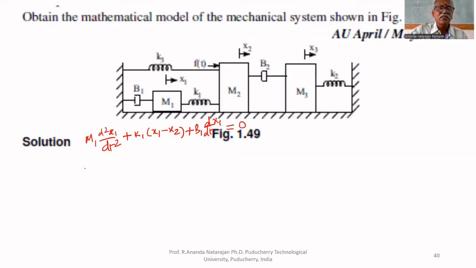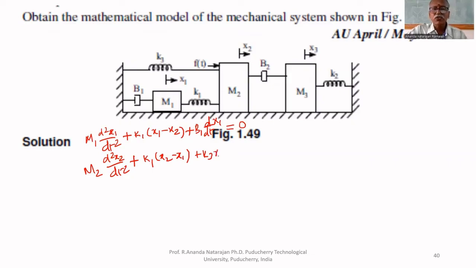What is the second equation? m2 d square x2 upon dt square plus k1 (x2 minus x1) plus k3. One end is fixed to m2, another end is the reference. That's why k3, another end is fixed.